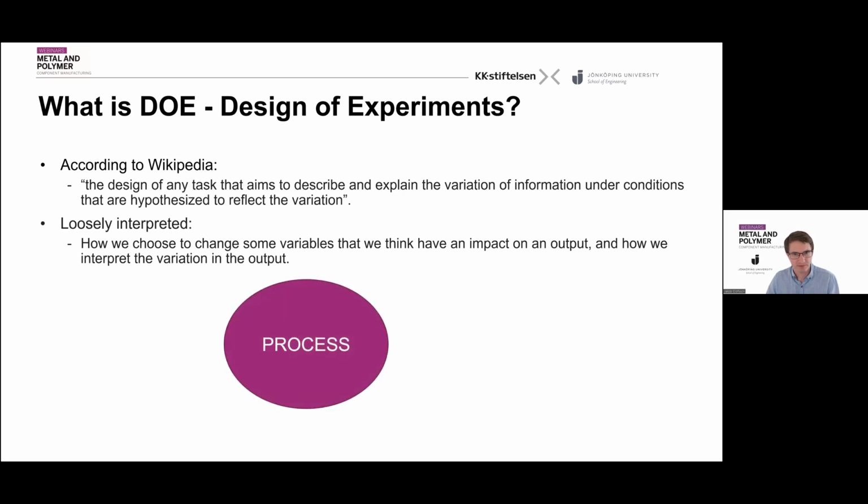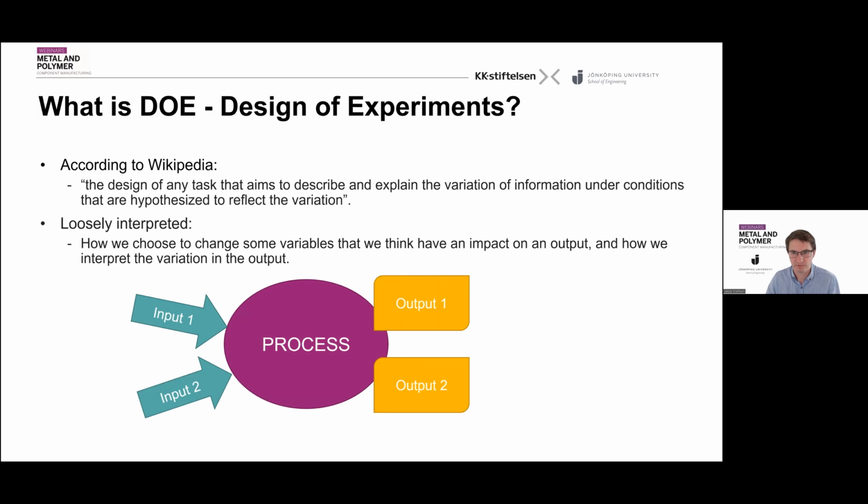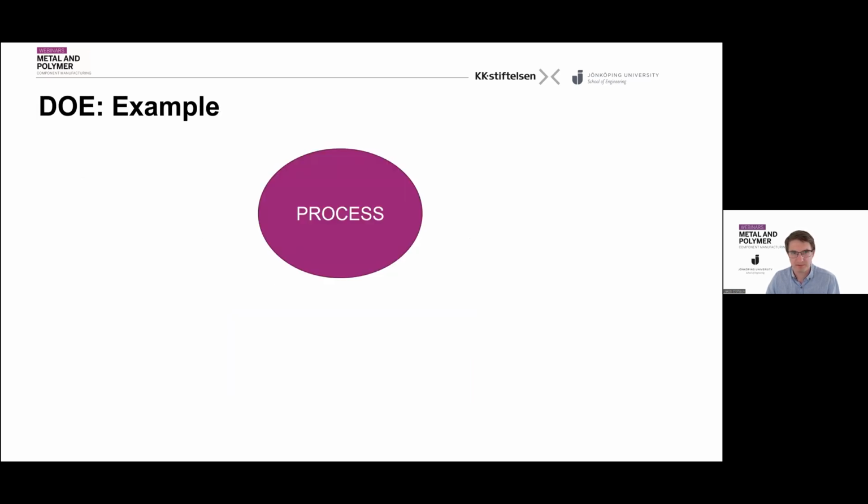So if we have a process that we are interested in understanding and knowing more about, we give it an input and we check the output. Then we change these variables that we think have an impact on the output. So we change that, give it another input, and we see what the output is. A simple example of that can be understanding how the freezing temperature of water varies with sugar content.